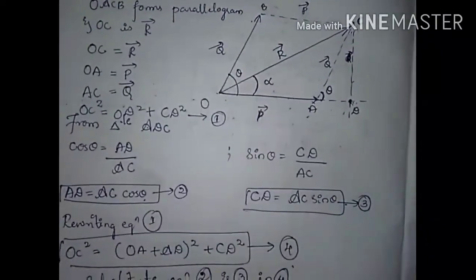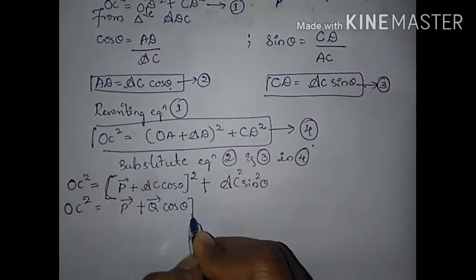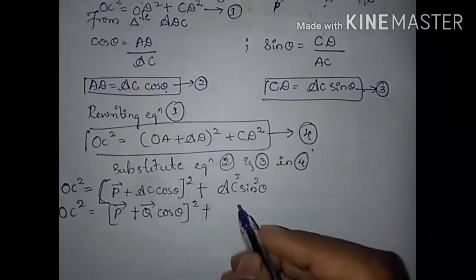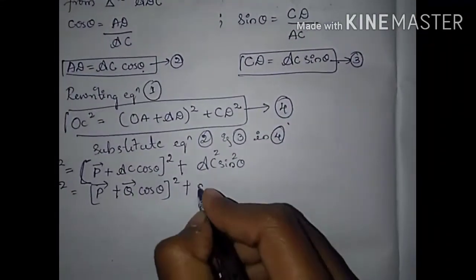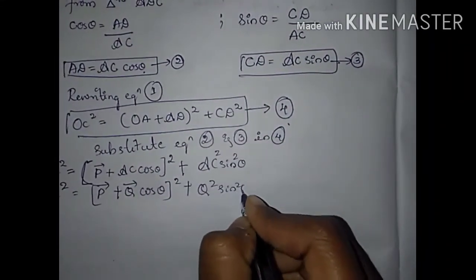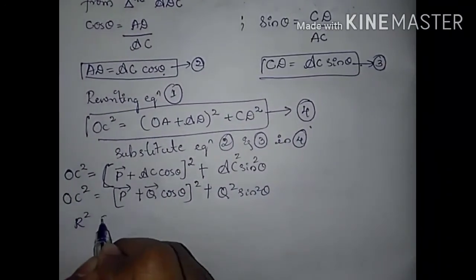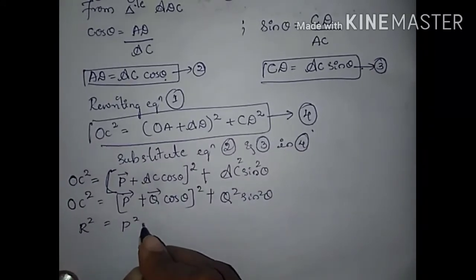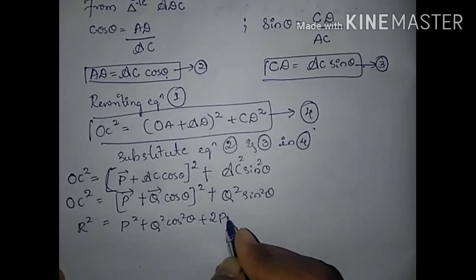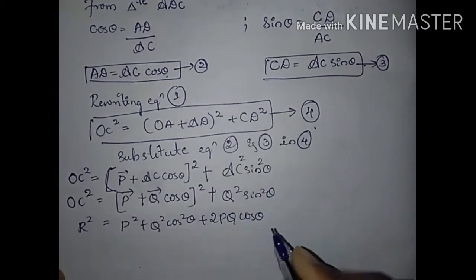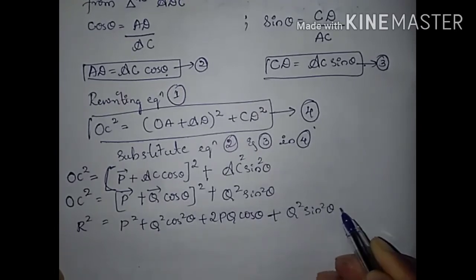AC is Q. So OC is R, so R square is equal to P square plus Q square cos square theta plus 2PQ cos theta plus Q square sin square theta.